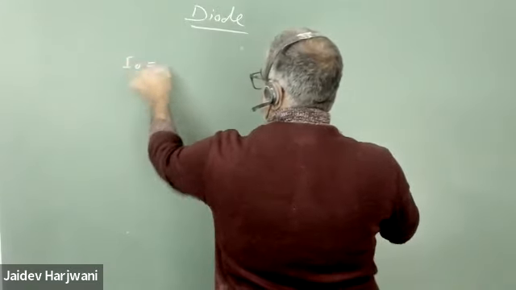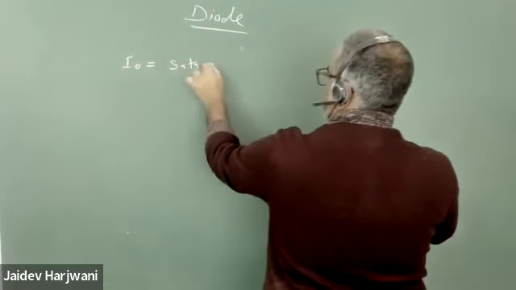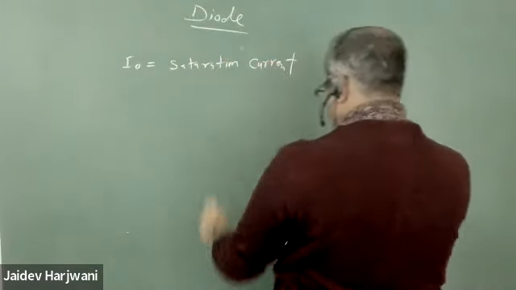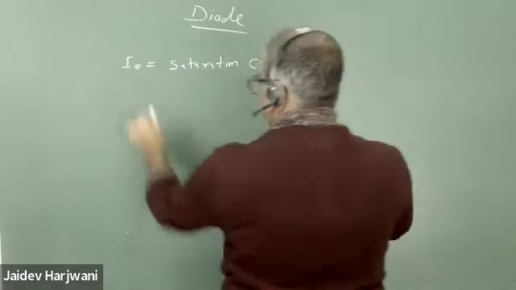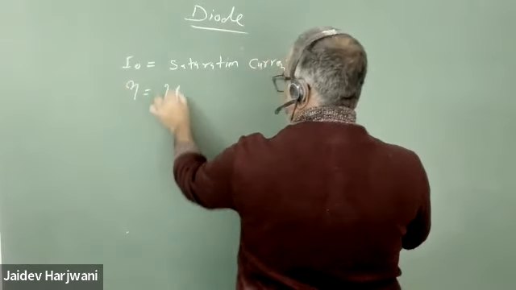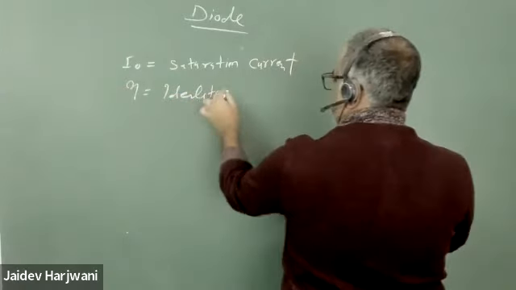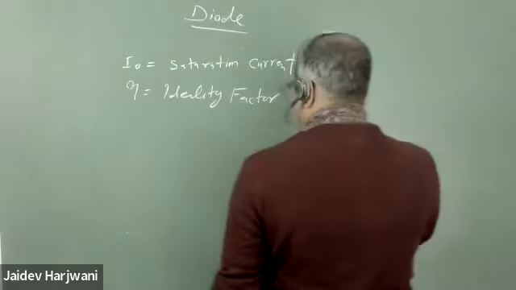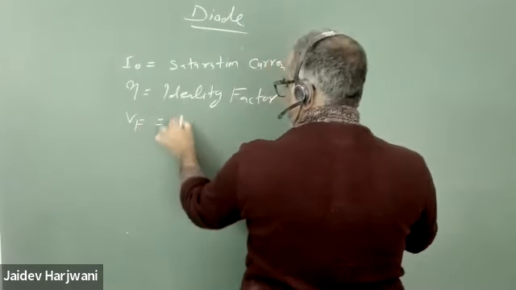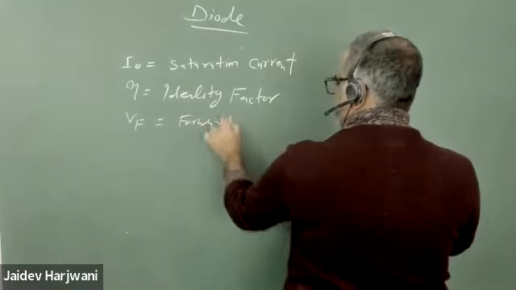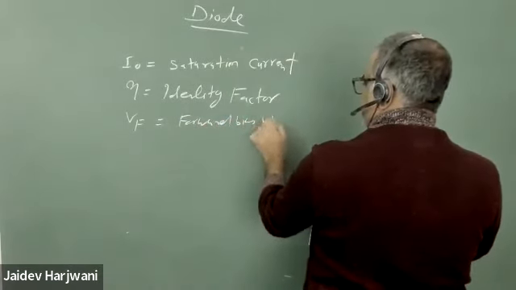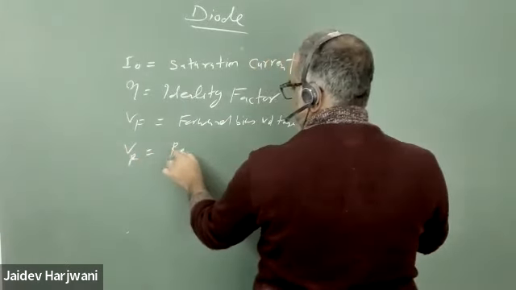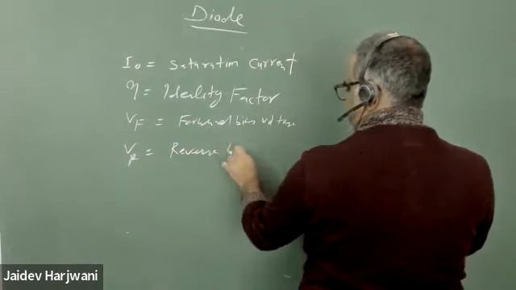I0 is the given saturation current, eta is the given ideality factor, Vf is the given forward bias voltage, and Vr is the given reverse bias voltage.